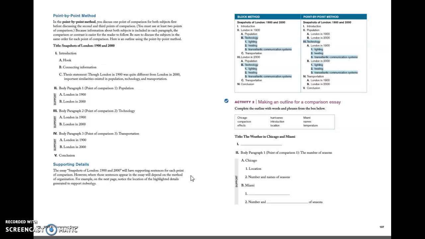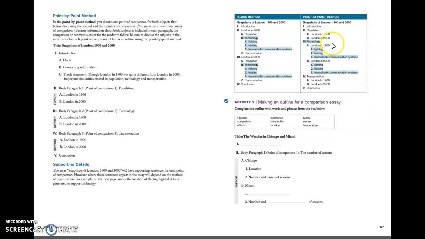So while this has 5 paragraphs, the length and the number of words will be very similar because I'm still talking about the same information, I just have a different way to organize it, okay? So at the top of page 137, there's just another example.